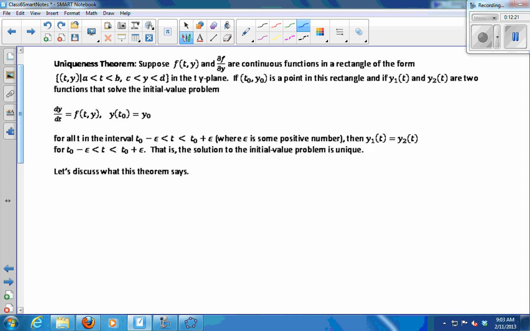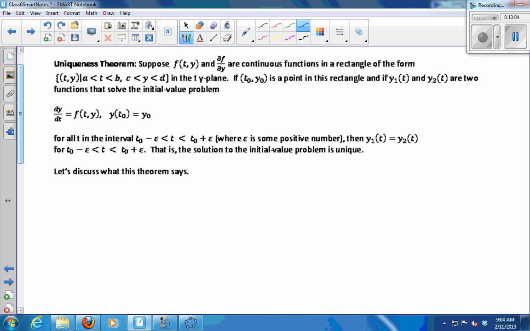So if we can satisfy both of these conditions, that f is continuous and the partial of f with respect to y is continuous on some rectangle in the t-y plane, and (t0, y0) again is in that rectangle, and if we have two functions, y1 and y2, that both solve the initial value problem for all t in some small interval, or any interval, then we know that y1 and y2 are really the same function for all t's in some interval around the initial value.